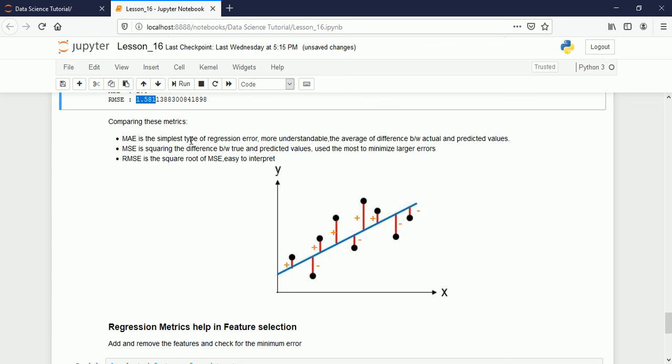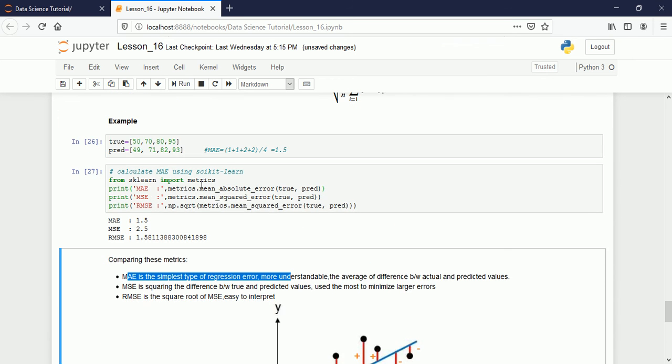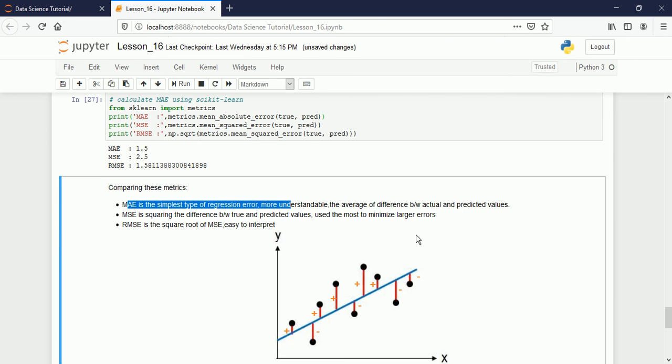Mean absolute error is the simplest type of regression error. It is more understandable because it is very simple, friends. We just subtract, add, and divide by the number of observations. That is why it is called more understandable and easy: the average difference between the actual values and the predicted values.